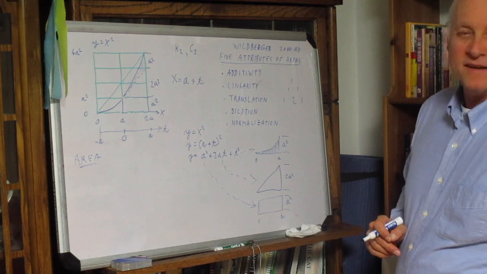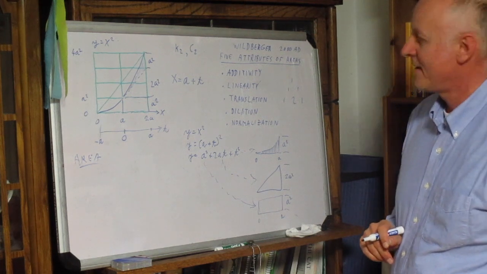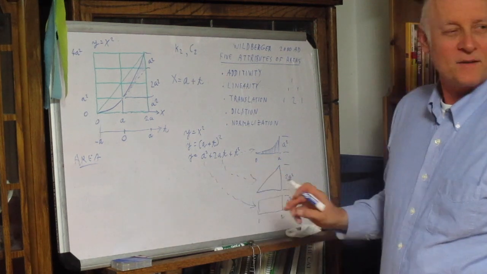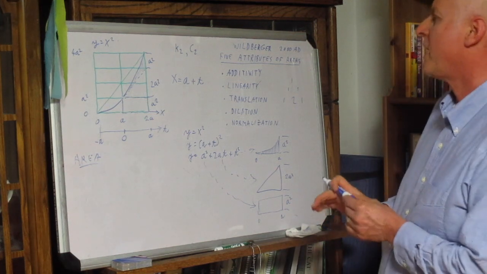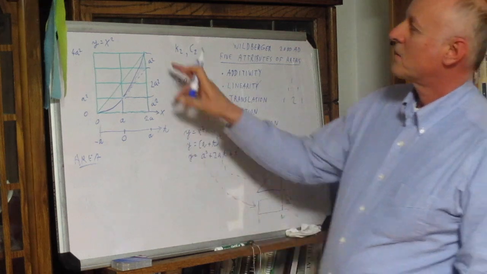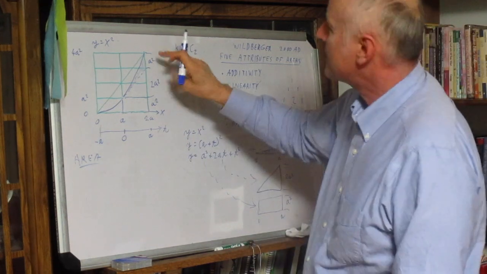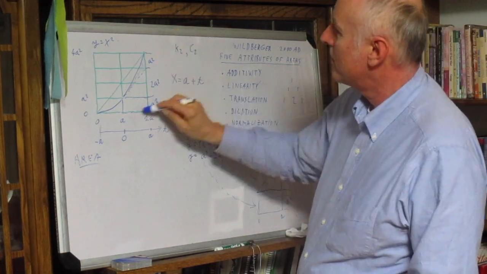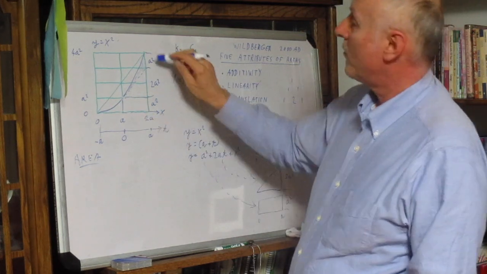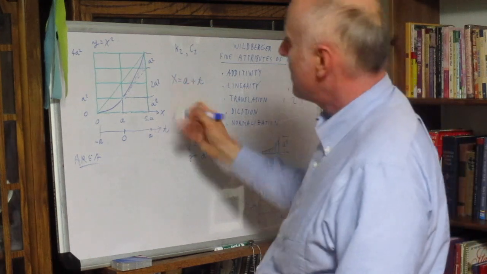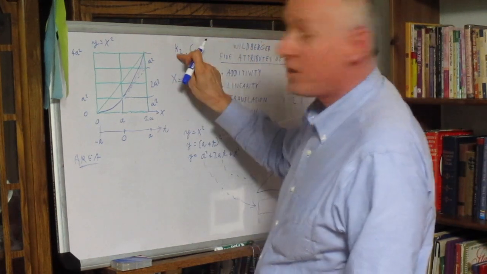Once we kind of know that, let's put it together. Follow so far? All right. So what do we have as the area over here? What's the area of this thing? Well, it's going to be K2.